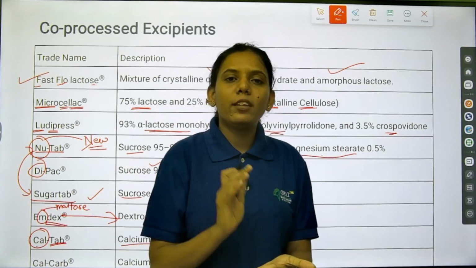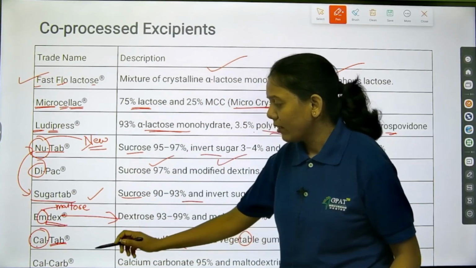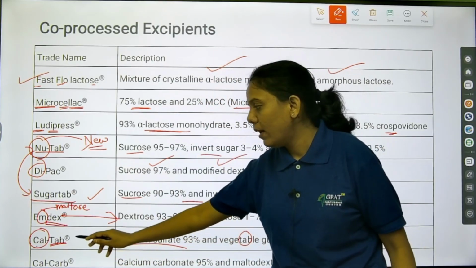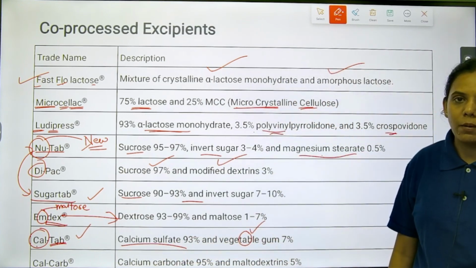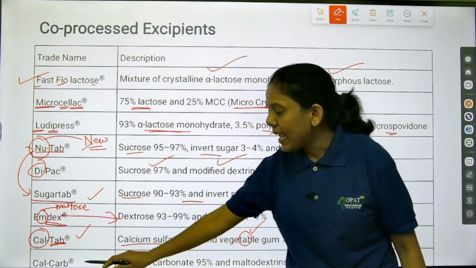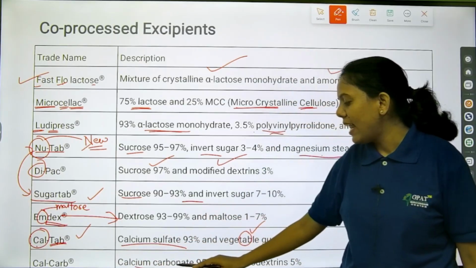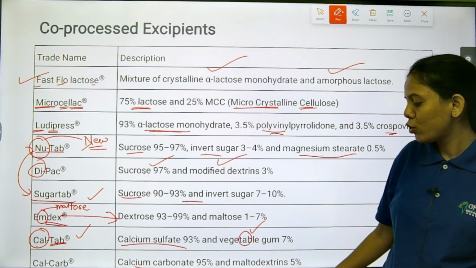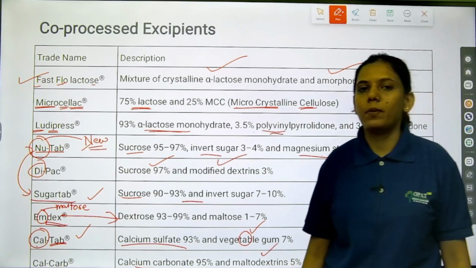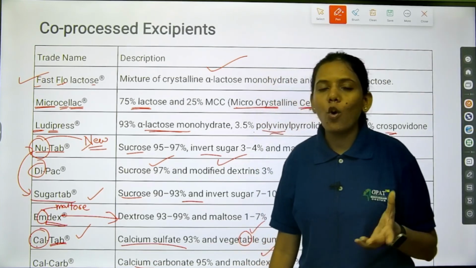You just have to tick the right one, right? So by looking at the options you can remember: Tab is there, vegetable gum is there. Next is CalCarb. Again easy. Cal indicates calcium and carb indicates carbonate, and maltodextrin 5% is also there. So that was all about the co-processed excipients.